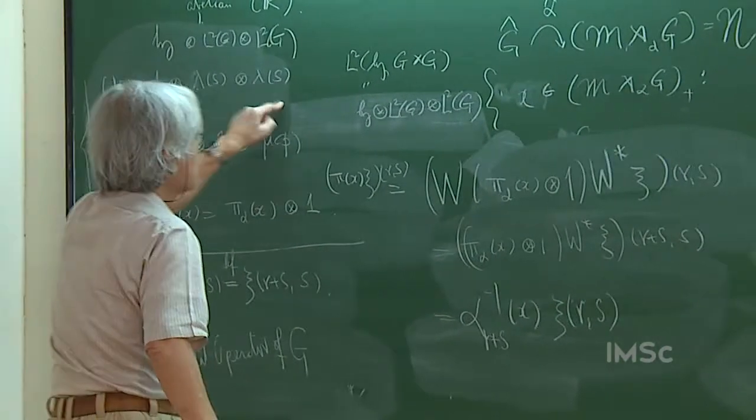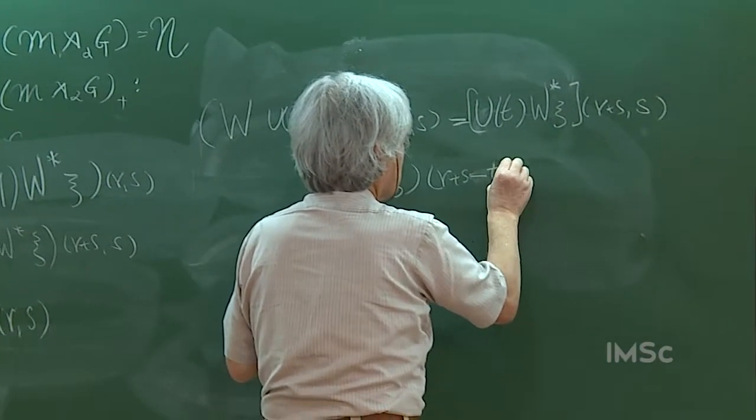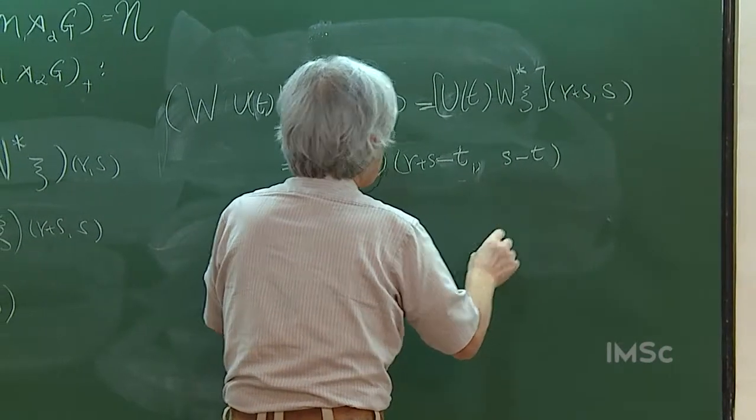UT does this twice, so it does minus T, S minus T, W star.